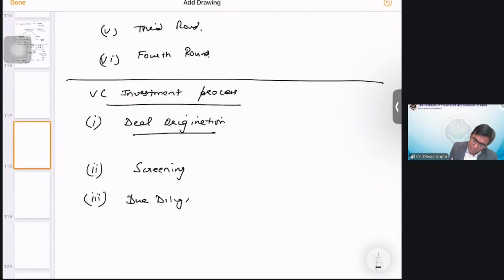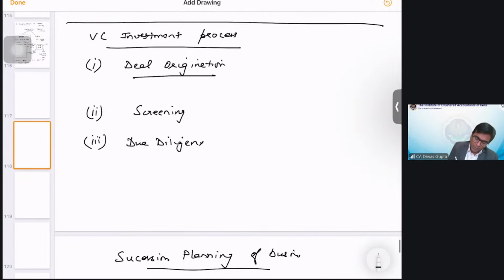Due diligence is basically some form of assurance that the company in which you are going to invest is performing at the levels mentioned, let's say in some of their reports and financial statements, whether those look okay from an overall operational perspective.